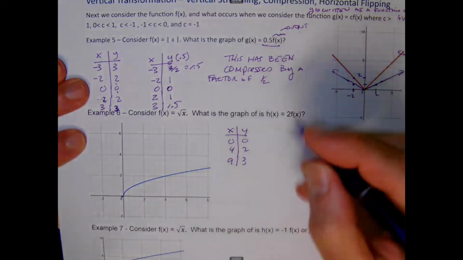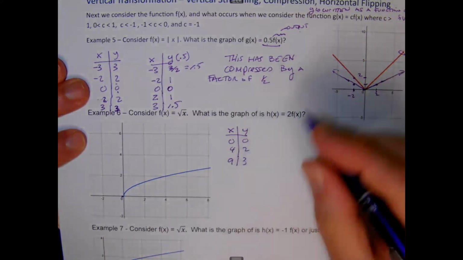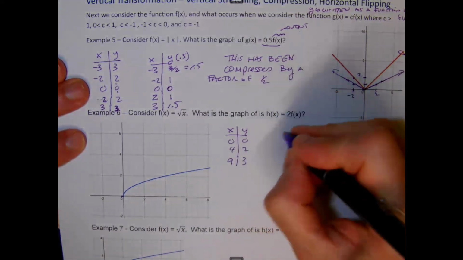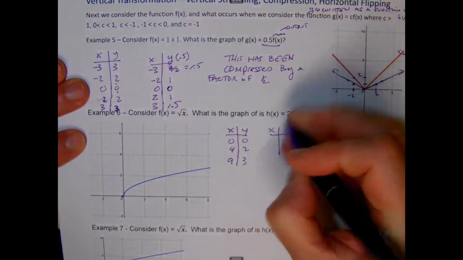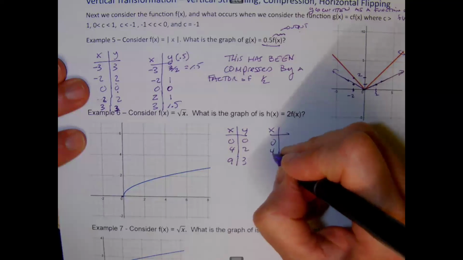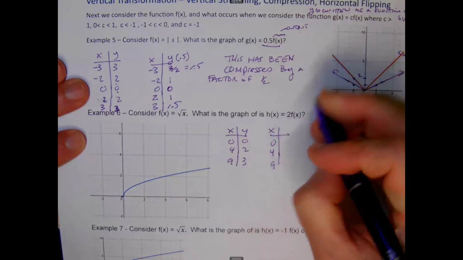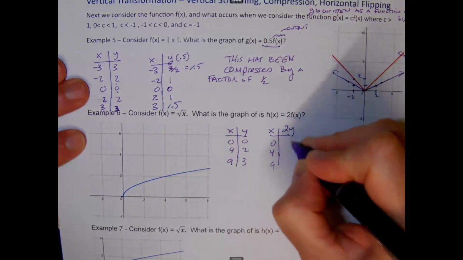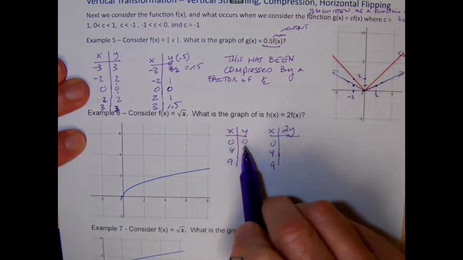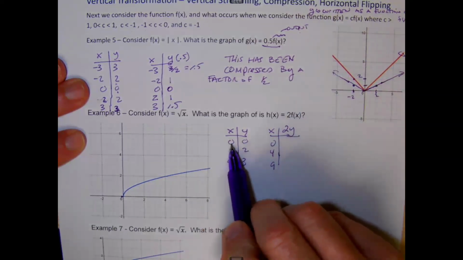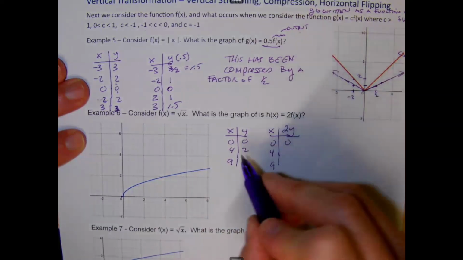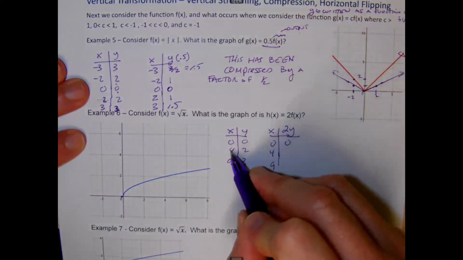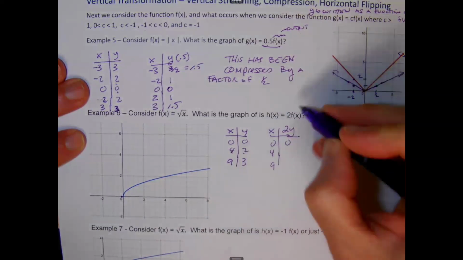So what is happening now? What it's saying is, these x values are going to stay exactly the same. But now I'm going to multiply every single output by 2. Enter 0, you get 0. Double that, you still get 0.